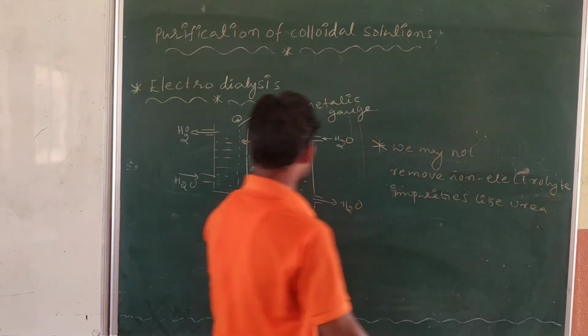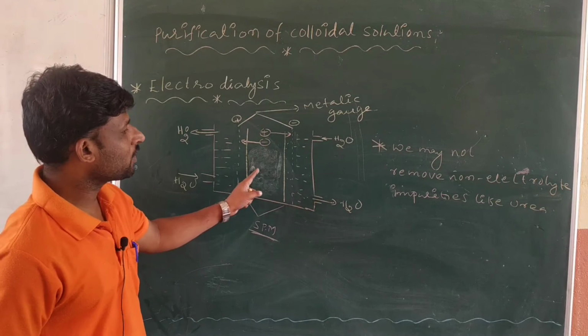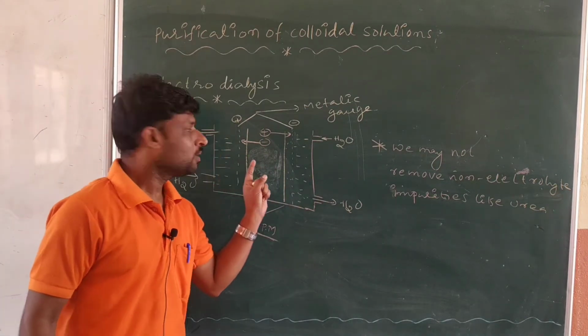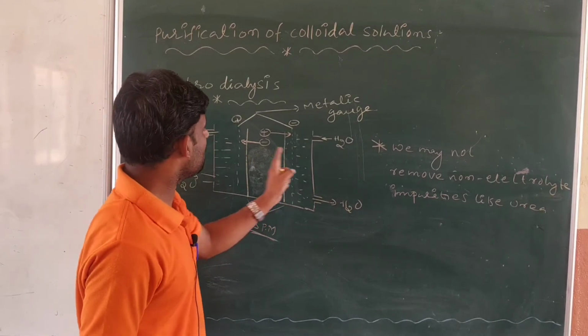Why? Because urea does not have any charged particles, no charges there. That is not an ion. So it is a molecule, and here it does not move.